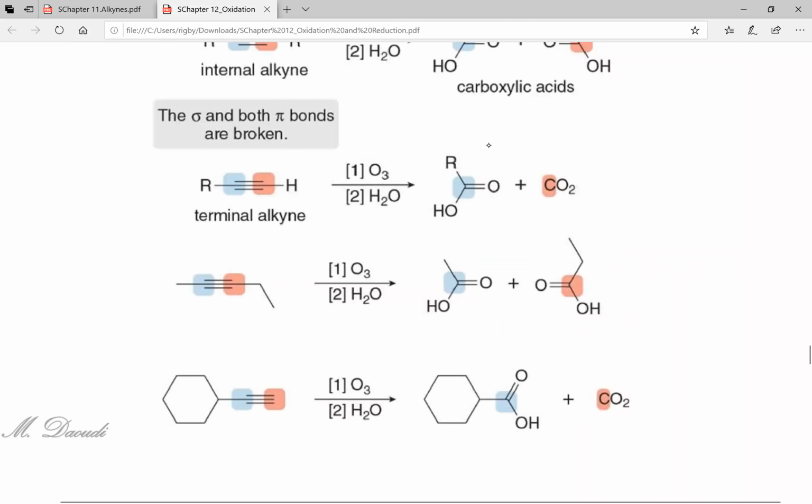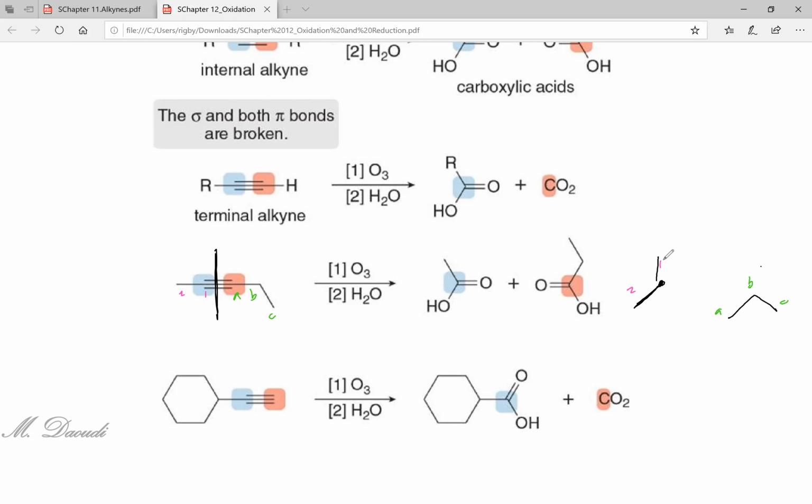So we split in half like this, and then we number each side 1, 2, A, B, C, and then we go over here and I'm going to draw it out. I'm going to pretend that the answers aren't already drawn out for me, but I'm going to say 1, 2, A, B, C. And so if I look here, I know that 1 was attached to the triple bond.